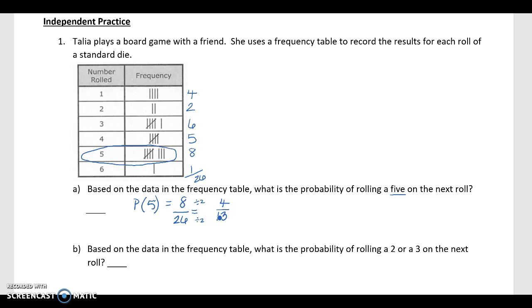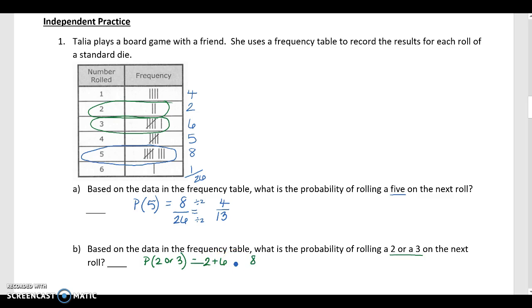All right, so now the second one says, based on the data in the frequency table, what is the probability of rolling a 2 or a 3 on the next roll? Okay, so a 2 or a 3, so one or the other. So the probability of a 2 or 3 is 2 plus 6, right?